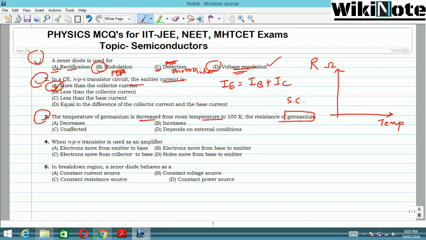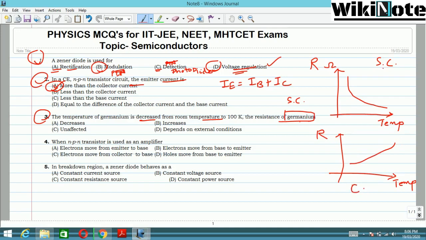As temperature increases, the resistance decreases in case of semiconductor material. This is in contrast with the conductors. For the conductors the graph is like this. This is one more question which I am covering here: resistance increases with the temperature in case of conductors.